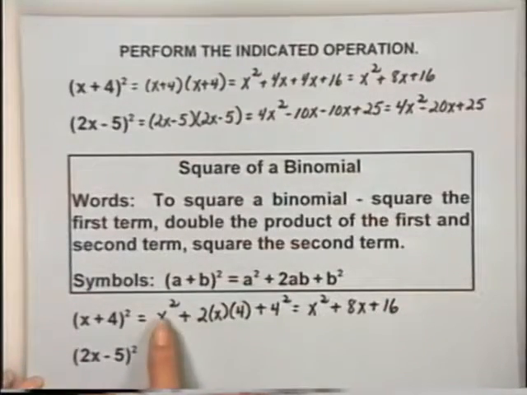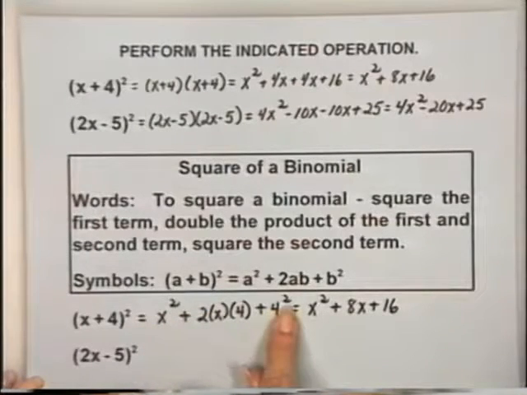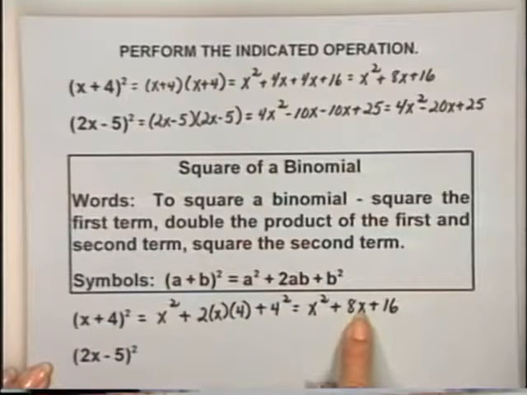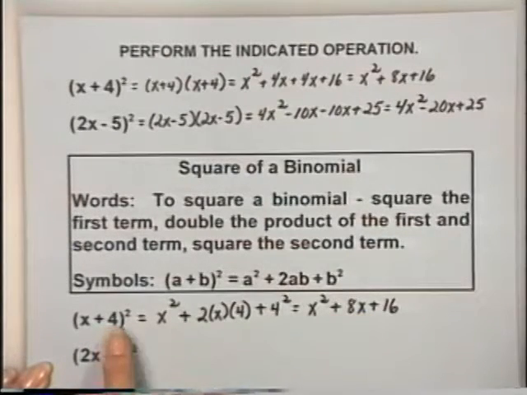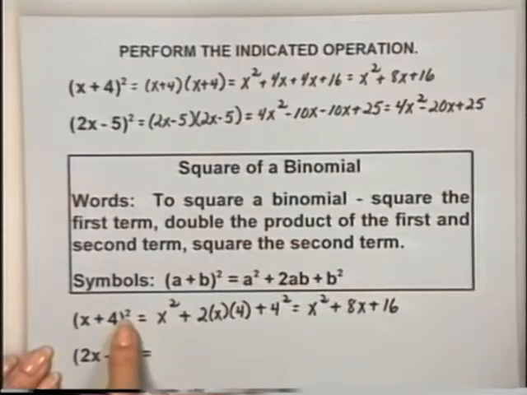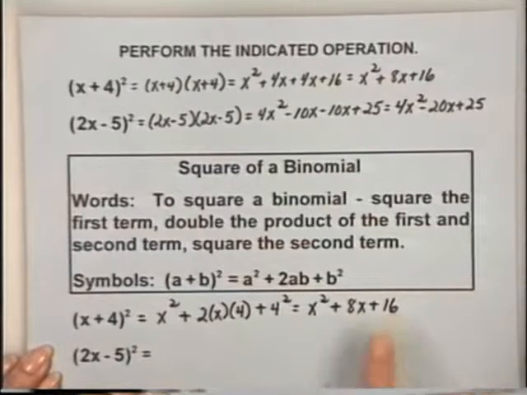Now, anytime you can skip this middle step, I encourage you to do so. Think in your head, square the x squared. 2 times x times 4 will give me 8x for my middle term, and then square the 4 to get the 16. That's what we're working toward, is being able to look at this problem and write down these 3 terms as the answer.